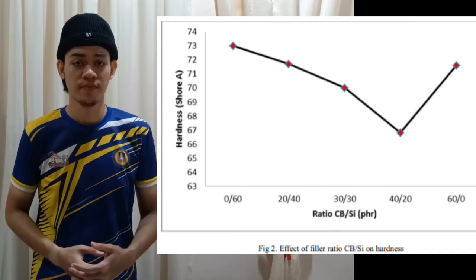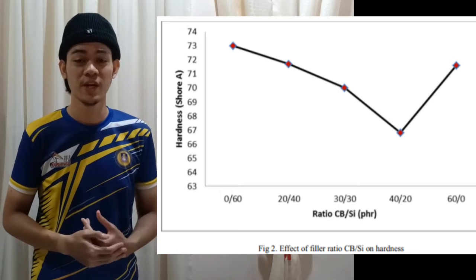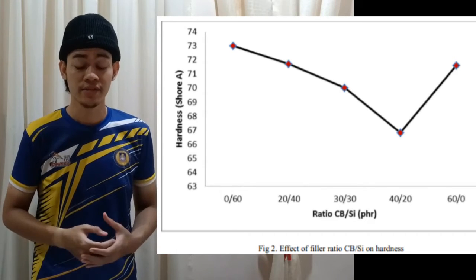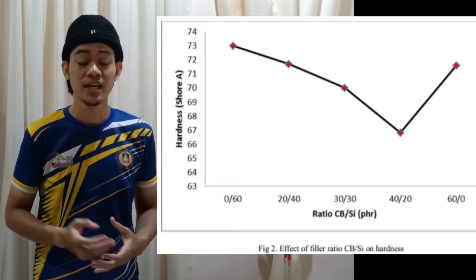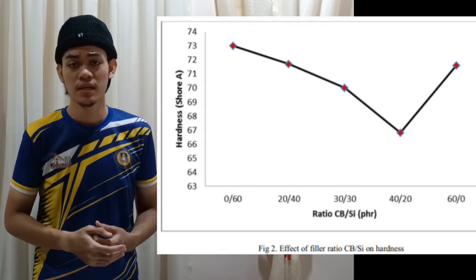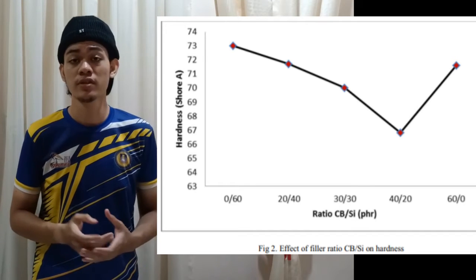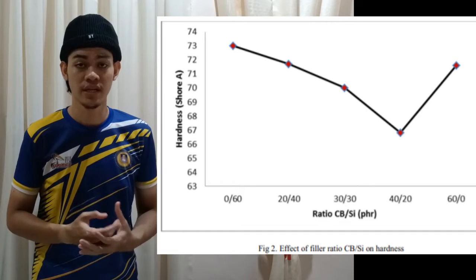From the graph, at 0/60 ratio of carbon black over silica loading, the hardness value is 73, while at 60/0 ratio of carbon black over silica loading, the hardness value is 72. The lowest hardness value can be seen at 40/20 ratio of carbon black over silica loading.